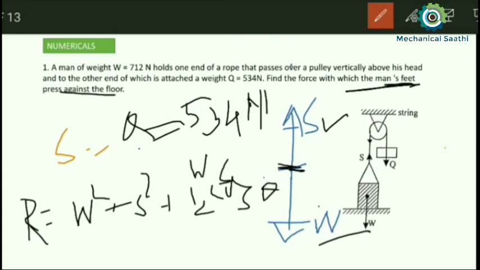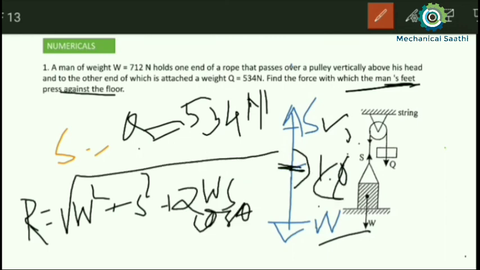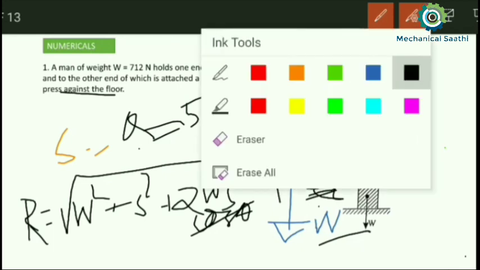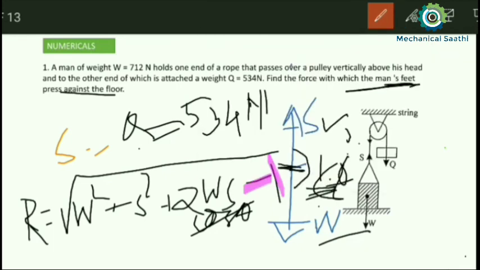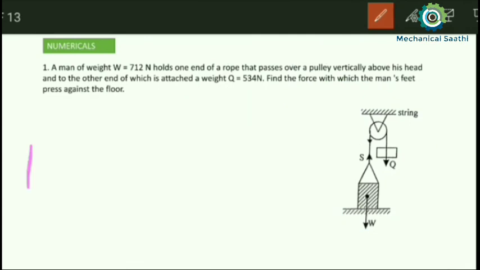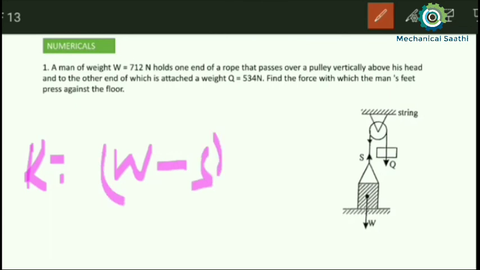Here theta we can say is 180 degrees, and cos 180 is equal to -1. So this will be equal to -2WS. So let me erase all these things. Here R will be equal to the square root of (W minus S) whole square.